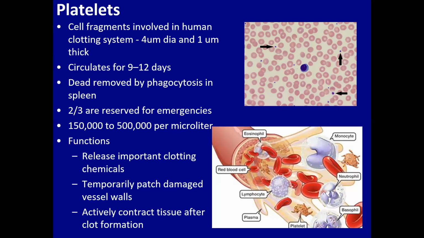So here's a great image where you see platelets, red blood cells, lymphocytes, neutrophils, basophils, monocytes, and eosinophils all in your blood at this point. All right, great image so that you can see the relative size and amount within your blood.